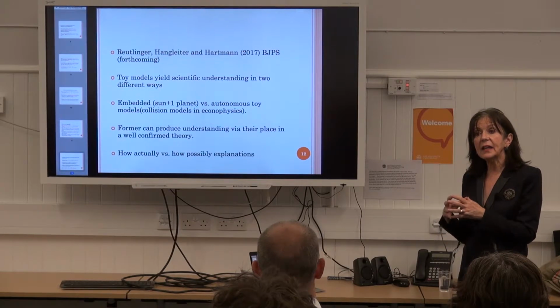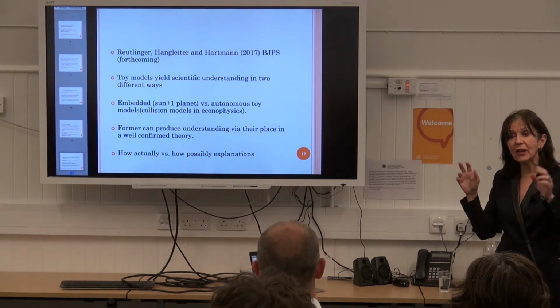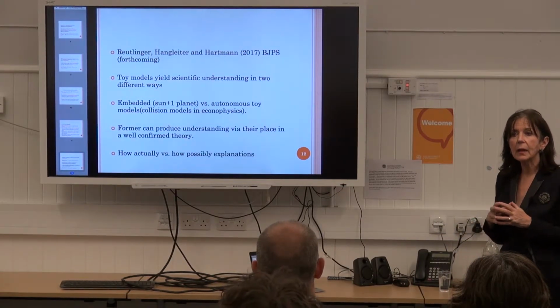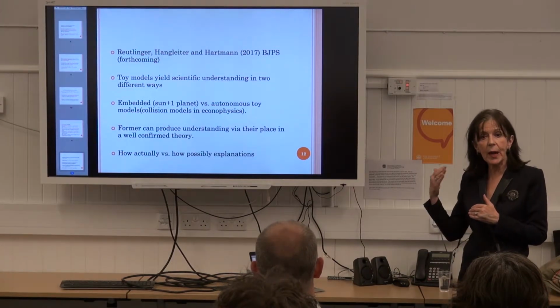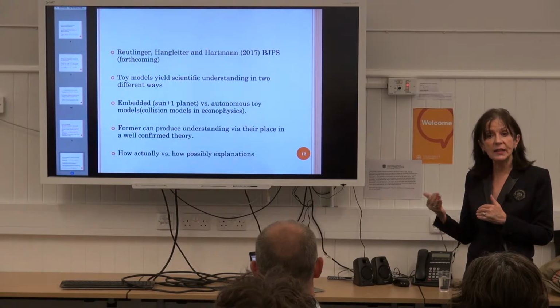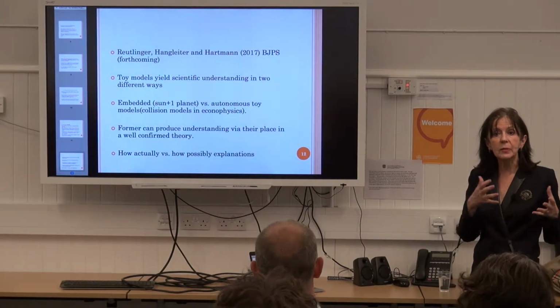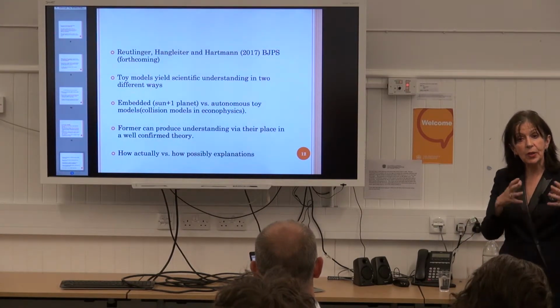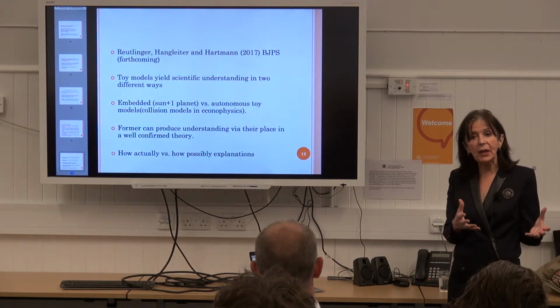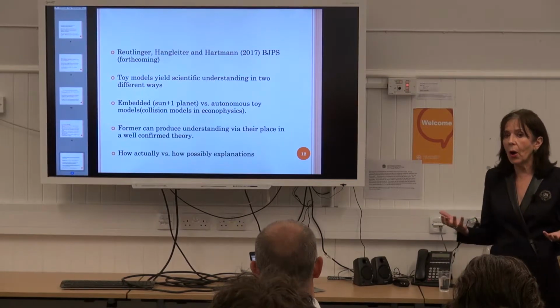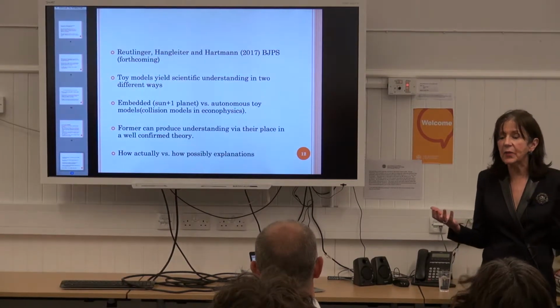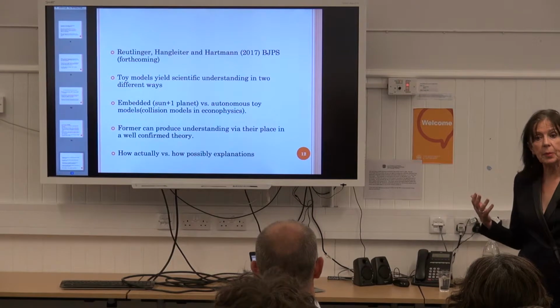The idea is that you can learn how actually the system behaves because you've got this background theoretical framework that's telling you all kinds of additional things about the target system. But the toy model gets its information, as it were, by being embedded in this theory. So we all know that the solar system doesn't involve the sun and one planet.